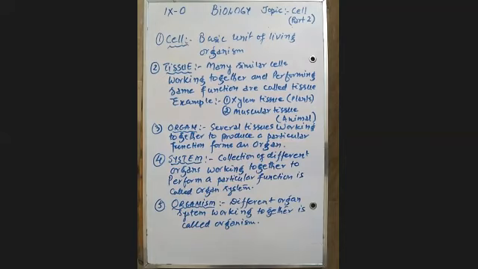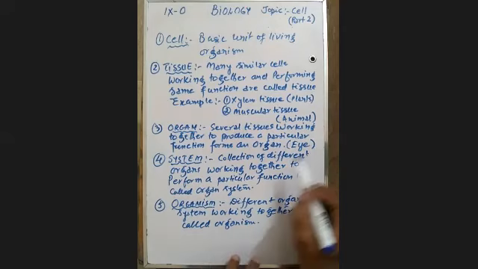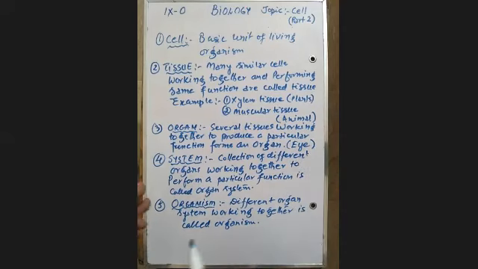That is called an organ. For organs, you can give examples: eye of an animal, leaf. Over here, I'm writing down. One example is eye. Eye is an organ, and leaf is also an organ. Now we come to system. A collection of different organs working together to perform a particular function is called an organ system.